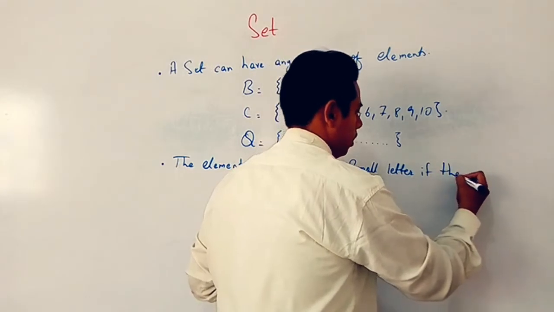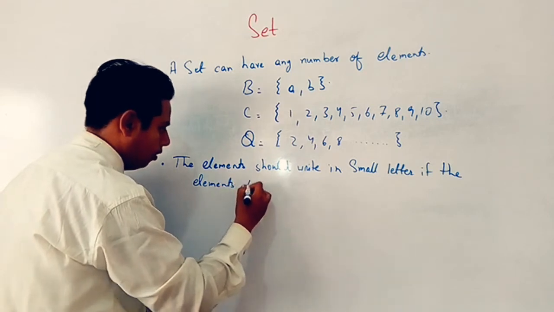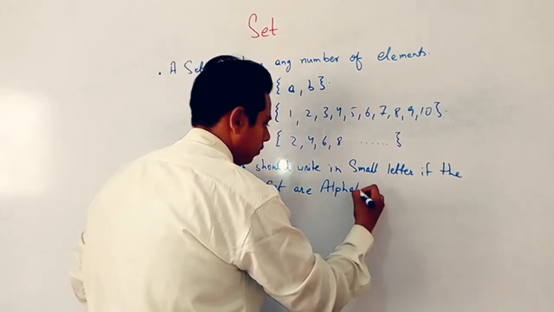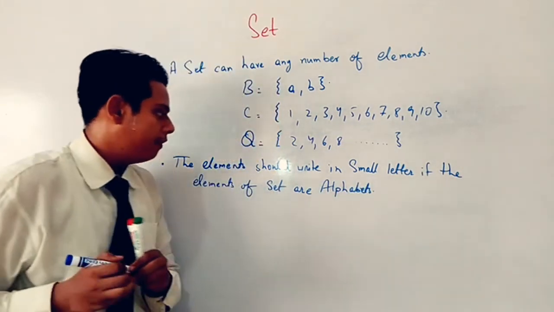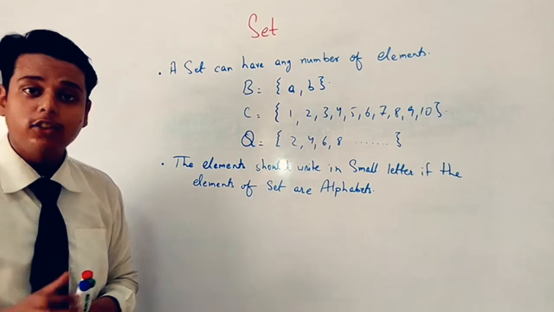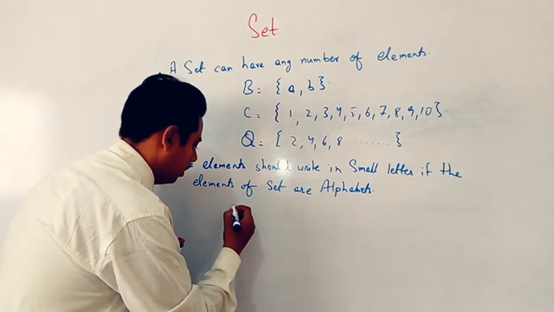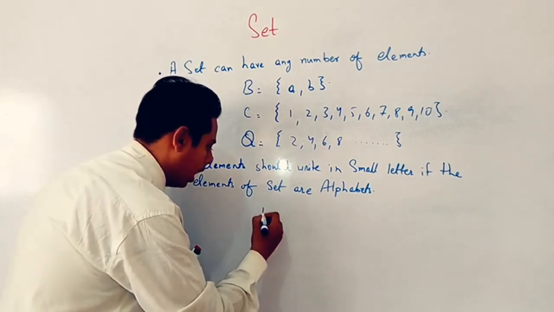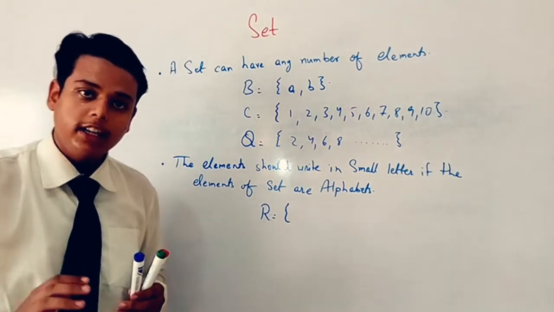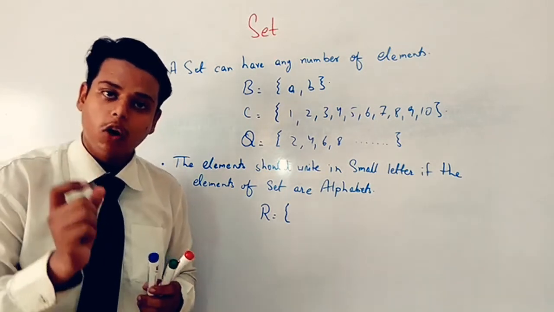If the elements of a set are alphabets, you need to write those letters in the small form. Let's suppose we have to make a set QR in which alphabets are there from A to F. In this one, all the alphabets should be written in small letters.